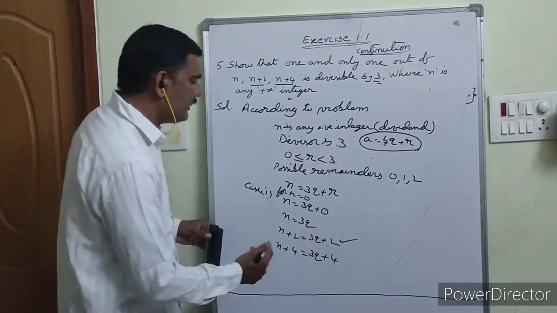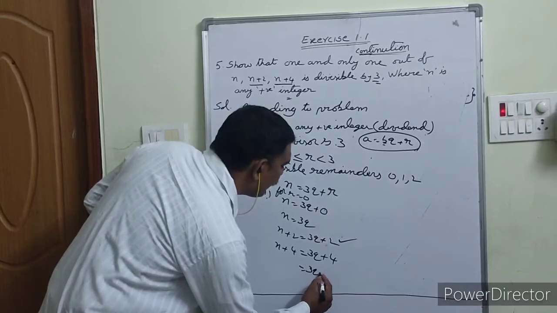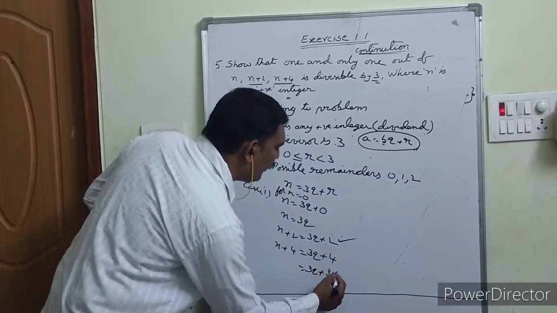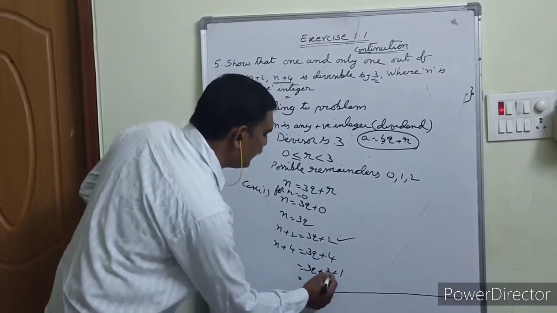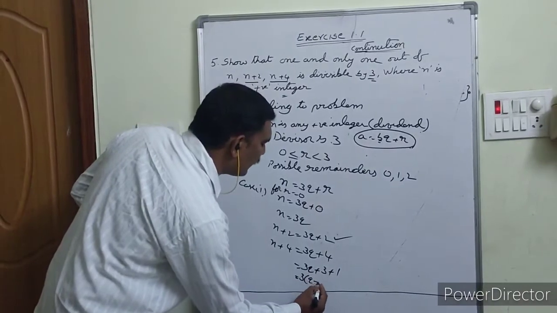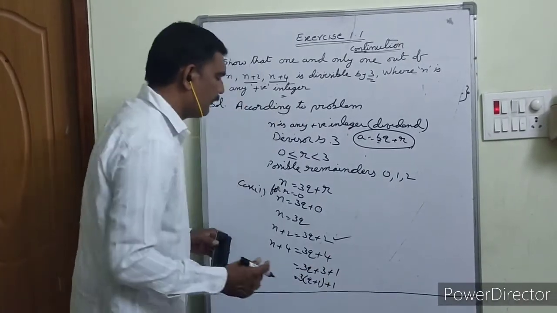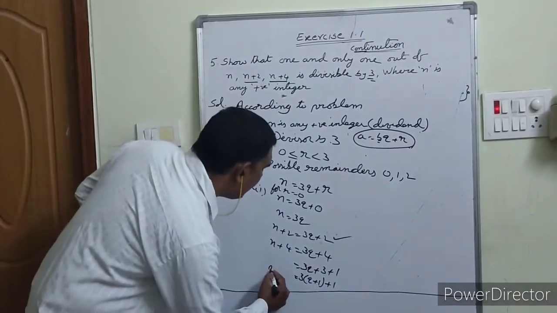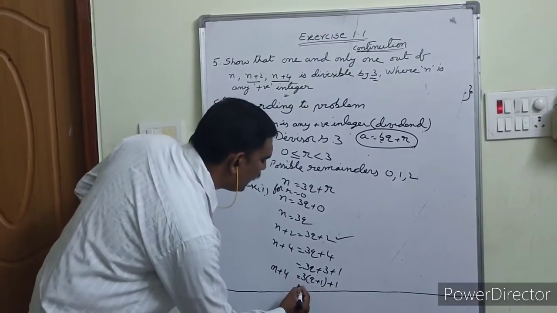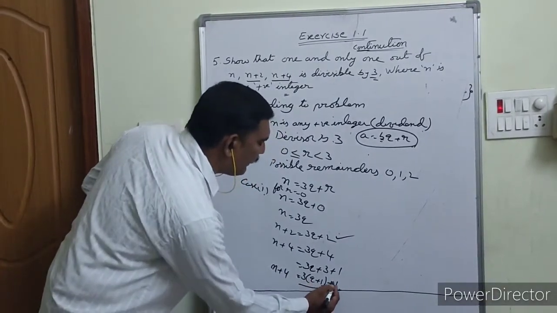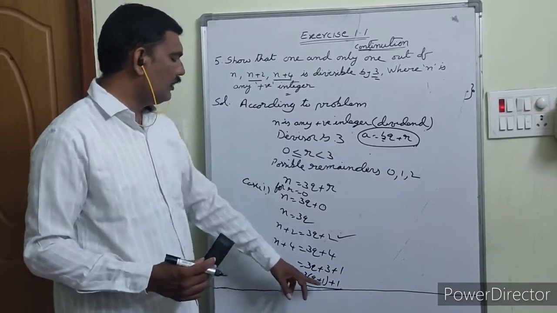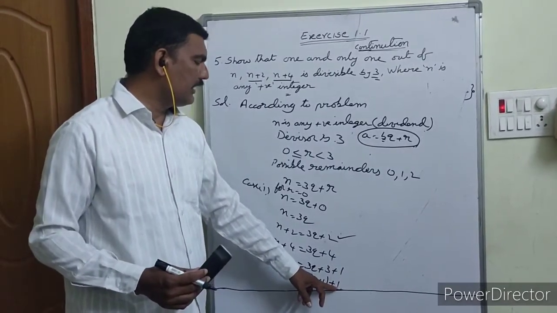So you should write 3q plus 4 as 3q plus 3 plus 1. In these two I am taking 3 as common: 3 into q plus 1, plus 1. So n plus 4 is equal to 3m plus 1. Here also you did not get remainder 0.